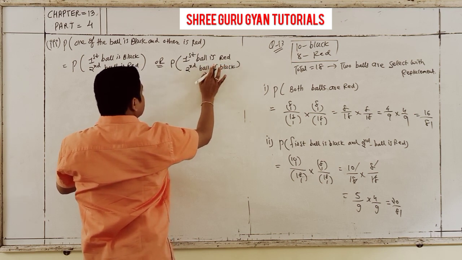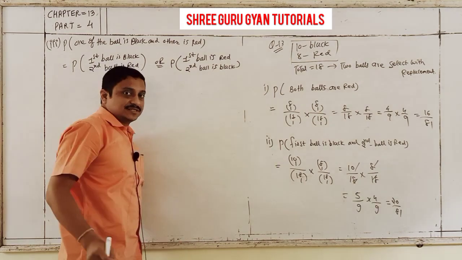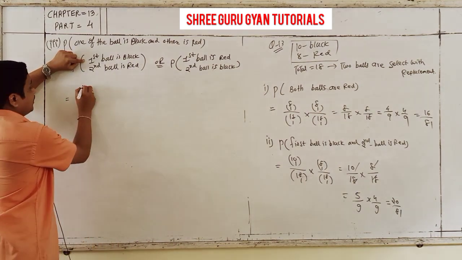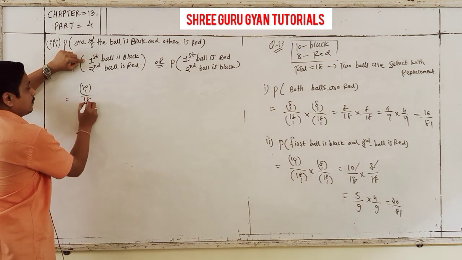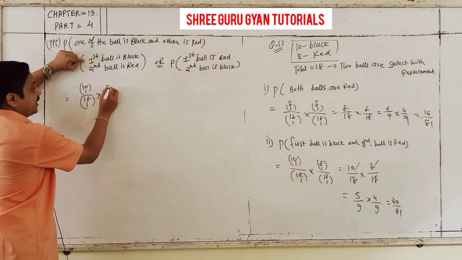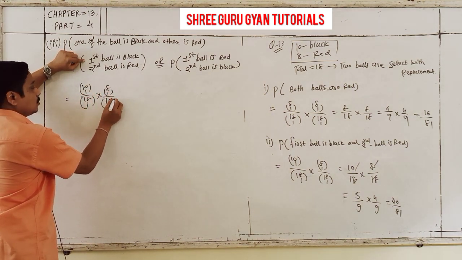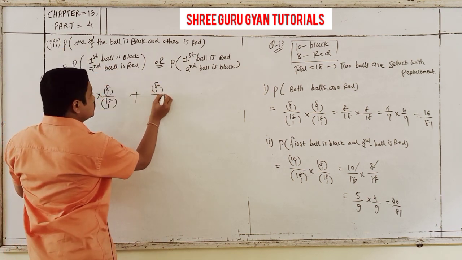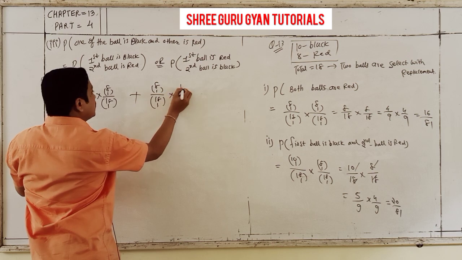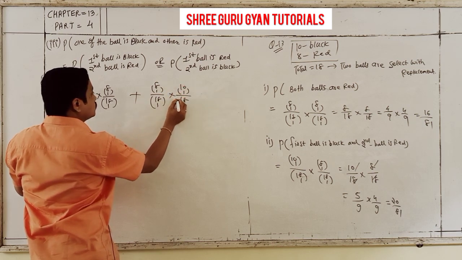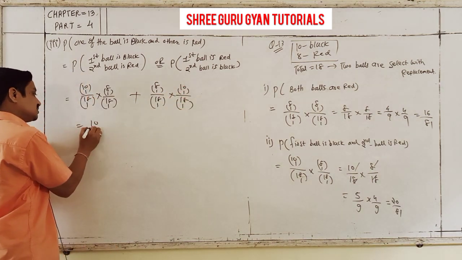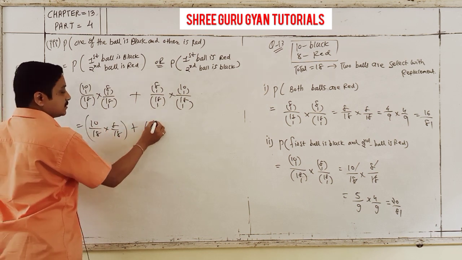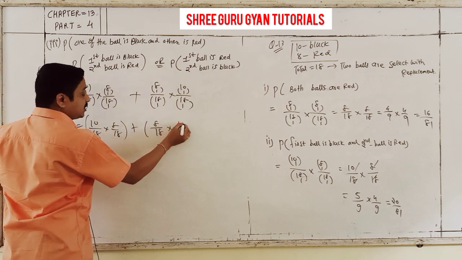In this way you will select your answers. Now very easy. First is black, 10 out of 18. Now second is red, 8 out of 18. Otherwise, first is red, so 8C1 and here 10C1, and you will define your answer: 10 by 18, 8 by 18 plus 8 by 18, 10 by 18.